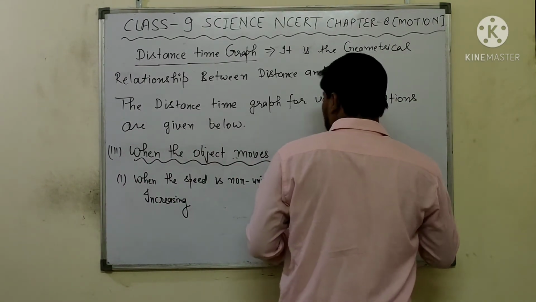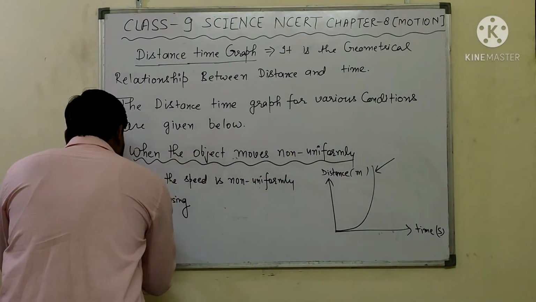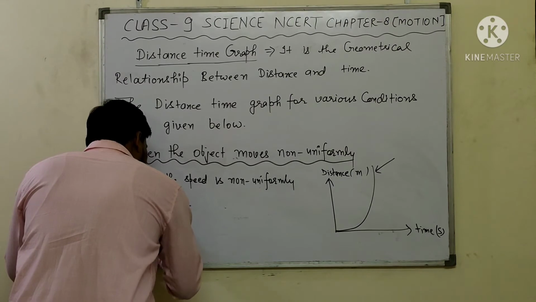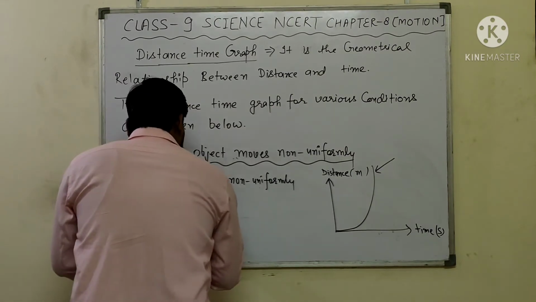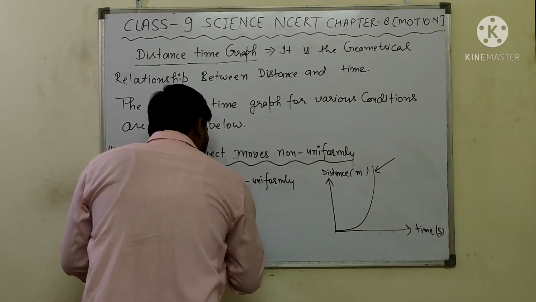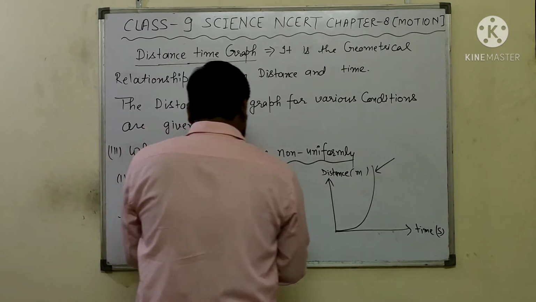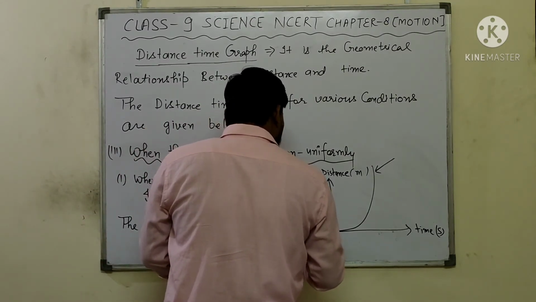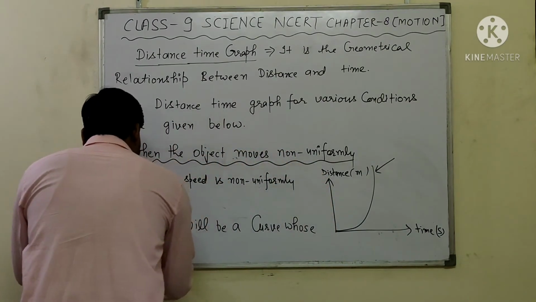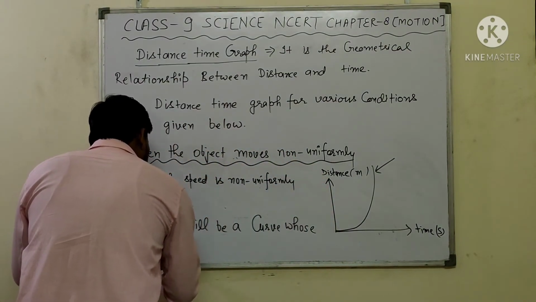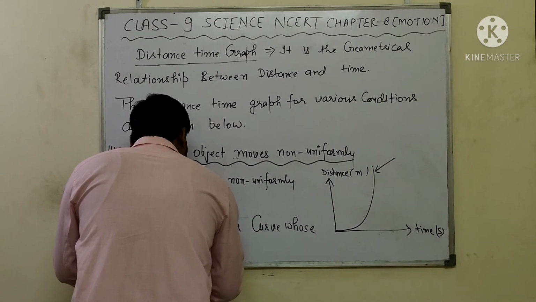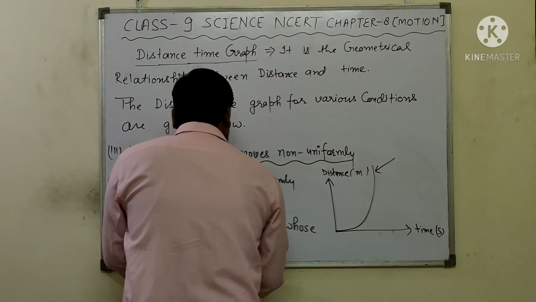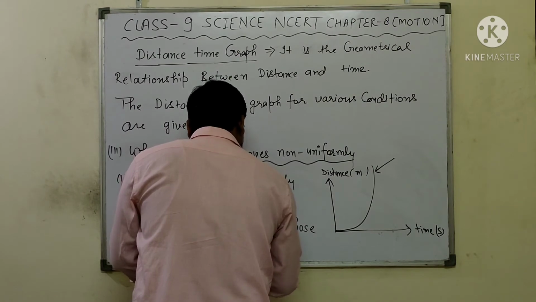We can write that the graph will be a curve whose slope increases with time.